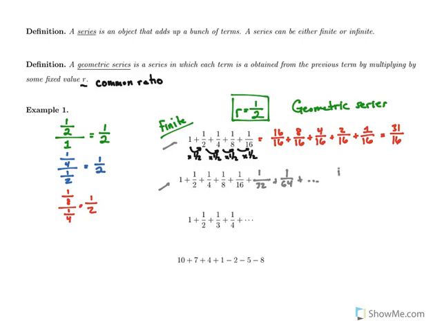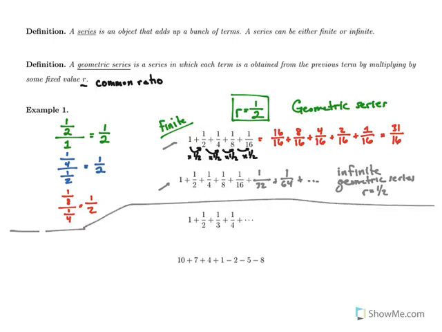This is an infinite geometric series. And here r is equal to 1/2. All right, so different than a finite geometric series because we're just going to keep on going forever, but it's the same kind of idea. The same terms are being used.